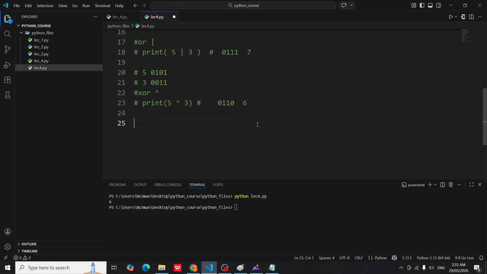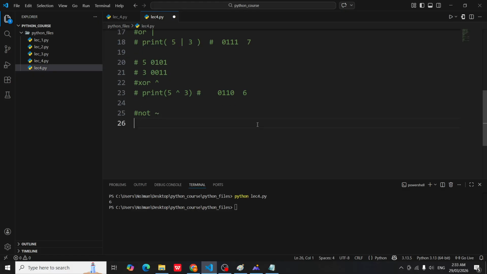The other operator is not, represented by the tilde. So not reverses the whole binary number. If it's 0, it will become 1. If it's 1, it will become 0. If it's 0, it will become 1. If it's 1, it becomes 0.